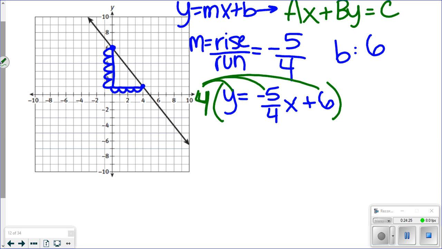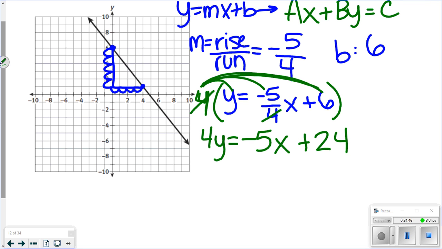4 times y. Multiplying by 4 and dividing by 4, these cancel out, and you're left with your numerator, negative 5, and then the x. Now 4 times 6 is 24. Is this standard form yet? No, I still need to take this x term and move it over here with the y, and it needs to be out in front.